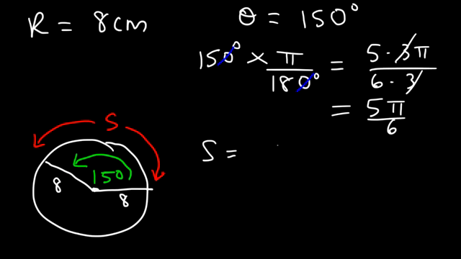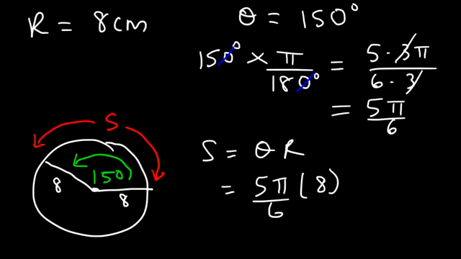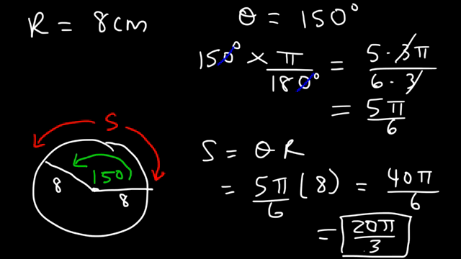Now to find the arc length, it's theta times r. So it's the angle in radians, 5 pi over 6, times the radius of 8 centimeters per radian. So this is going to be 40 pi divided by 6, which we can reduce to 20 pi over 3. So this is the answer.